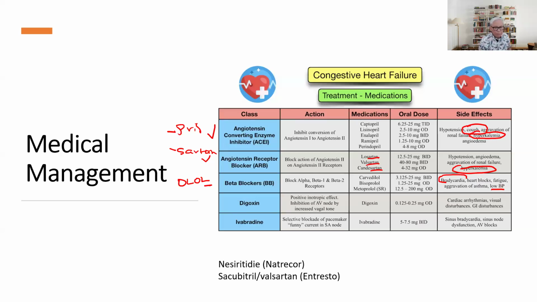Other medications would be your digoxin. Why is digoxin going to be important? Because it improves your contraction and therefore the inotropic effect. And we all know that digoxin is going to be one that slows down the heart rate as well as increase the force of cardiac contraction. And lastly, the other drug that is going to be useful is ivabradine.